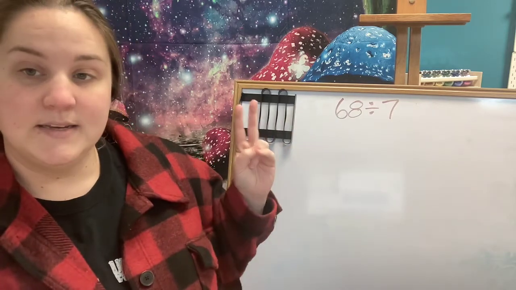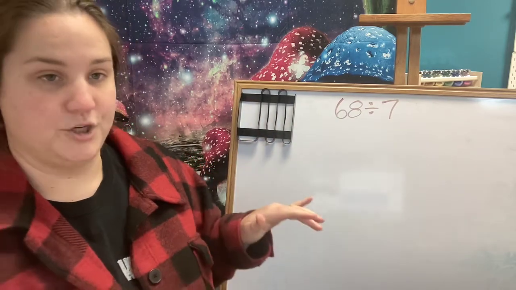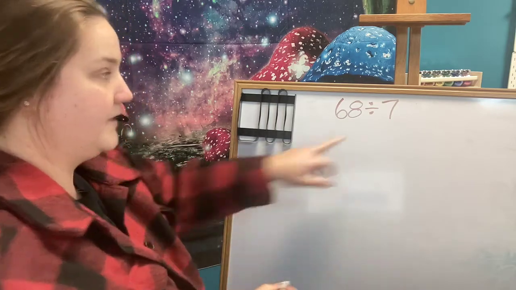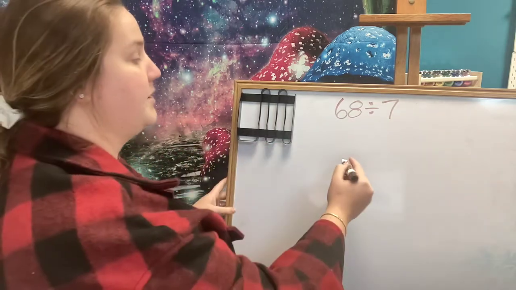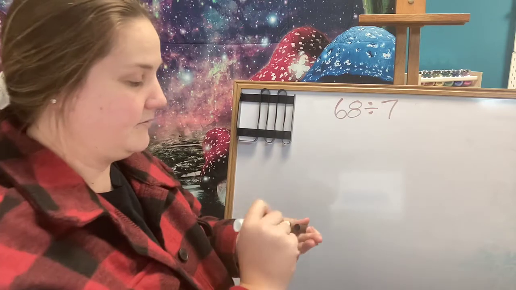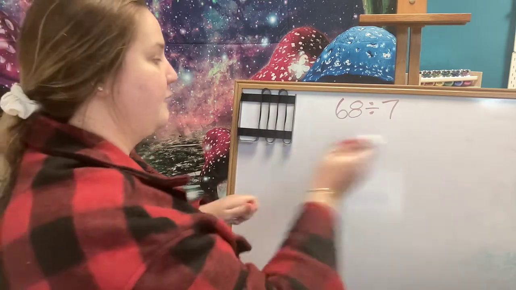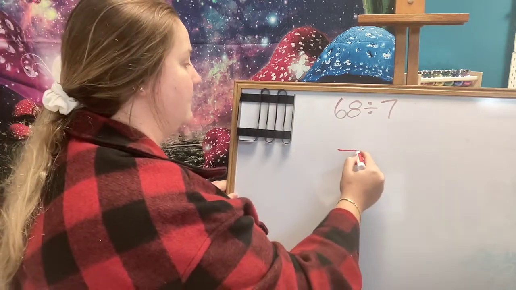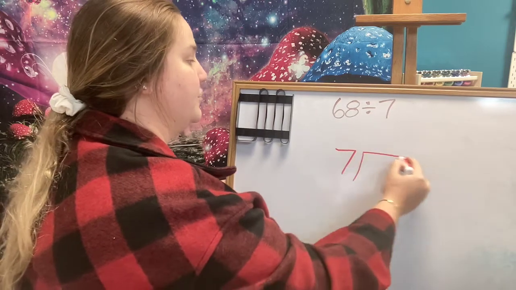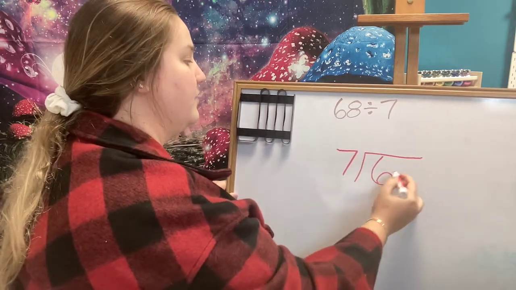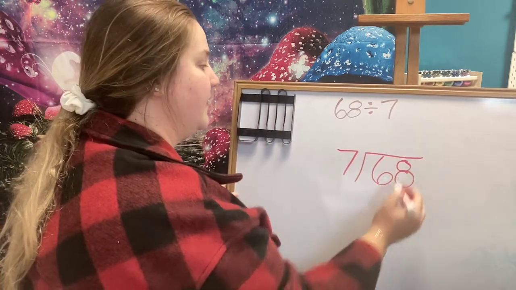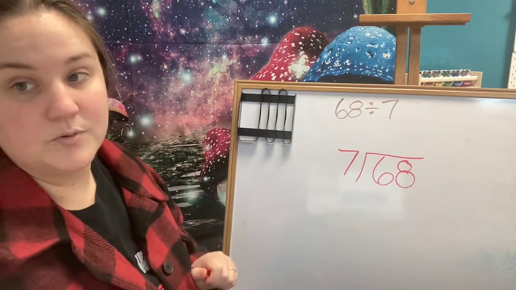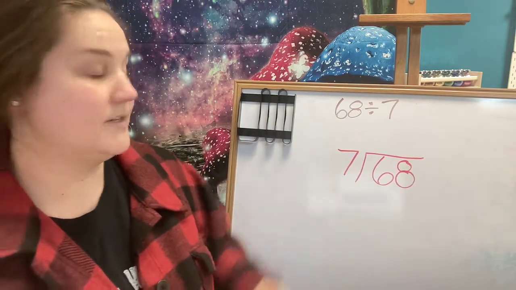So let's put this in long division. To do that, you take your smaller number or your divisor and you put it on the outside. Let me use a different color. So we put 7 with our division symbol and our other number, the dividend, under that symbol. Okay, there's our 7, there's our 68.